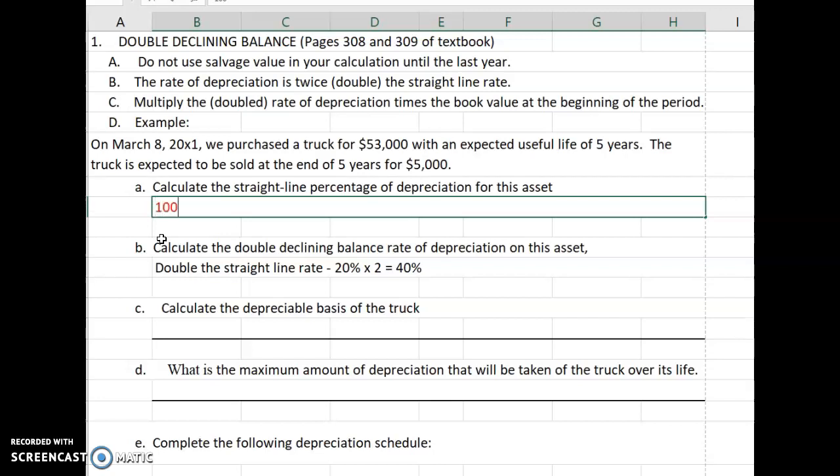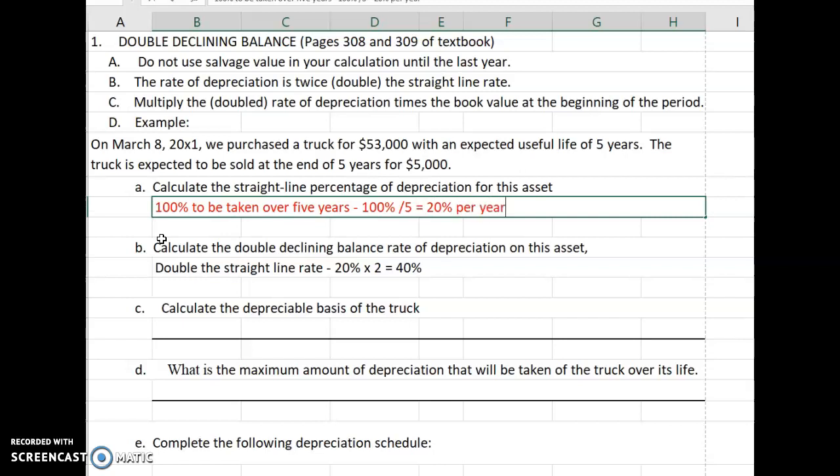So 100% is to be taken over 5 years, then all you need to do is take 100%, divide that by 5, and that equals 20% per year.